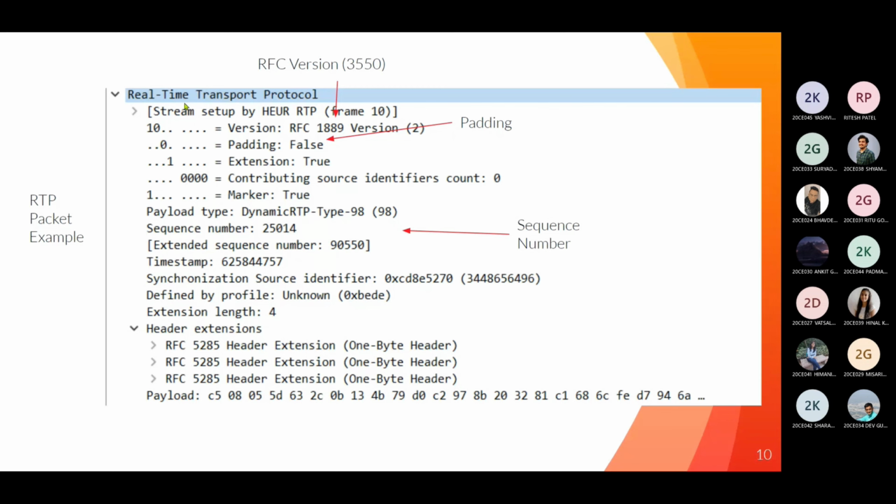Real-time transport protocol. There is this version of the RFC, as I told earlier in the slide. There is padding, sequence number, and synchronization source SSRC, and all this stuff, which is part of this RTP header. That is what the RTP header contains.